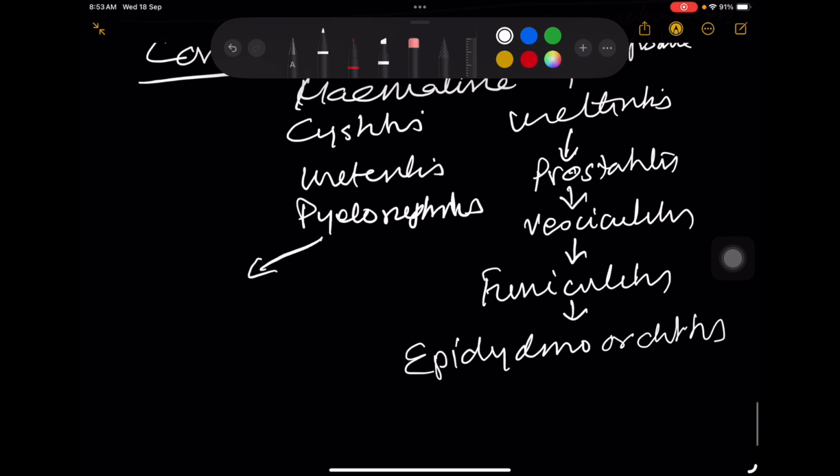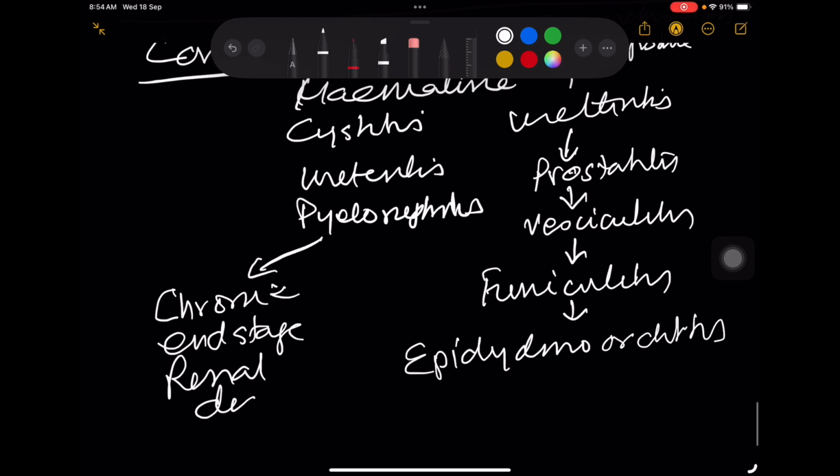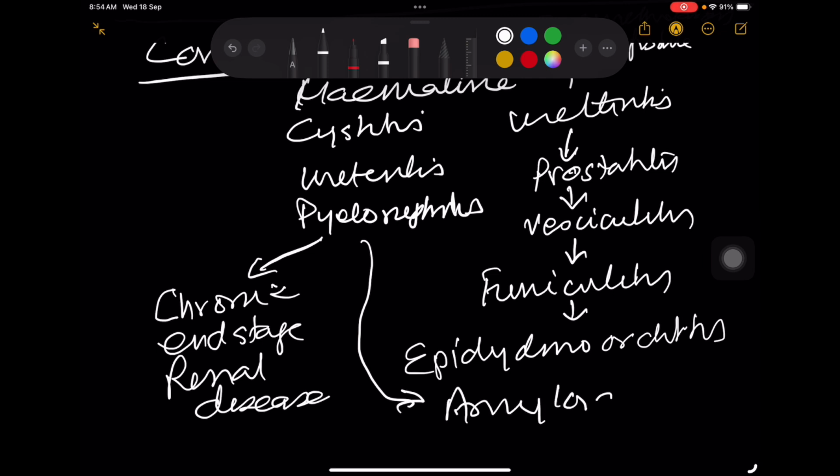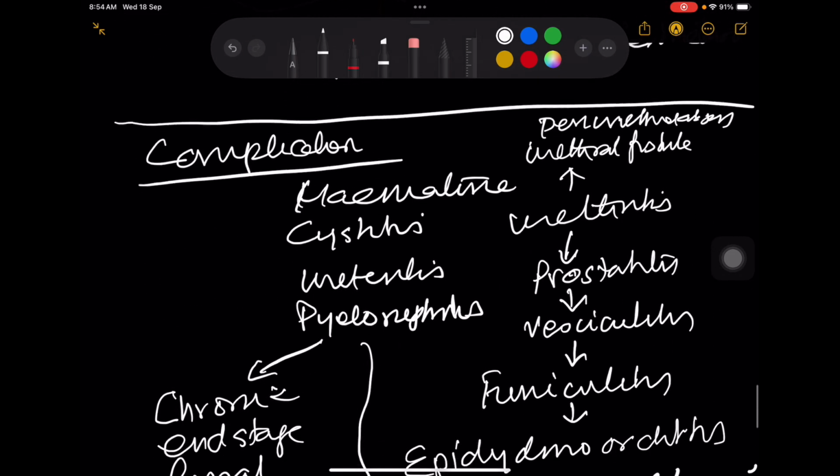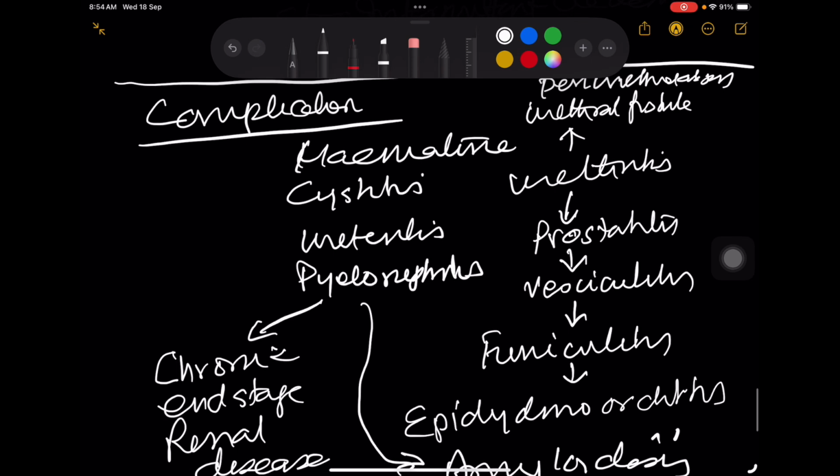The pyelonephritis can lead to chronic end-stage renal disease, and persistent infection can also lead to amyloidosis. So these are the various complications of neurogenic bladder.